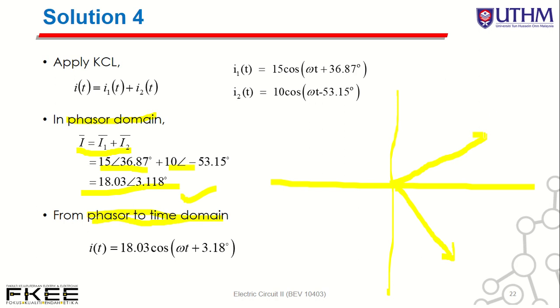Okay, this is I1. Okay, you tanda magnitude dan angle, and then where is I? 18 angle 3. This is I. This is I. Okay, this is our phasor diagram. Then you letak dia punya angle lah.